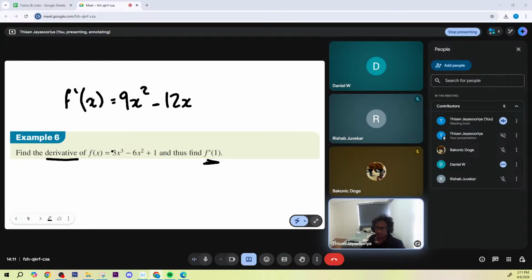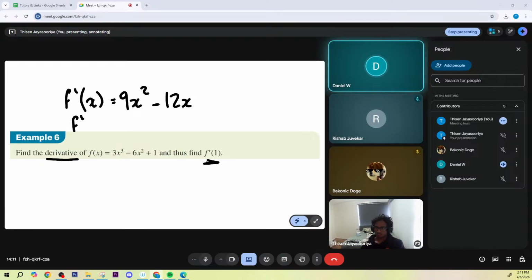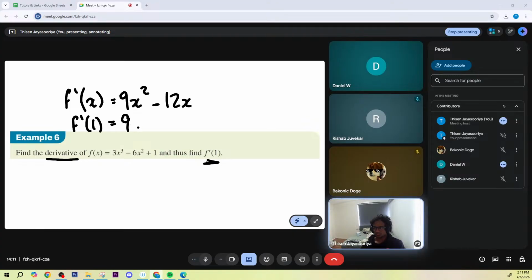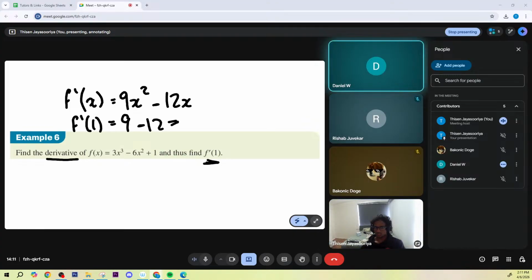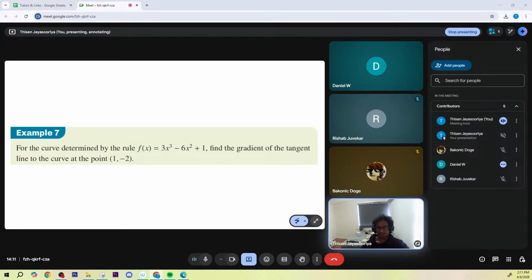Yep. And then we can just substitute 1 in, replacing x with 1. So we get 9 minus 12, which is -3. Okay, there's nothing too crazy about that.